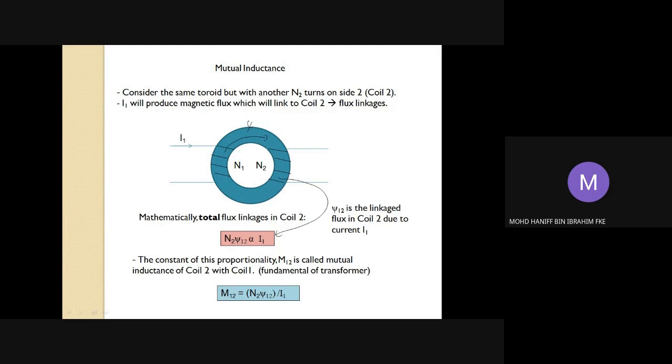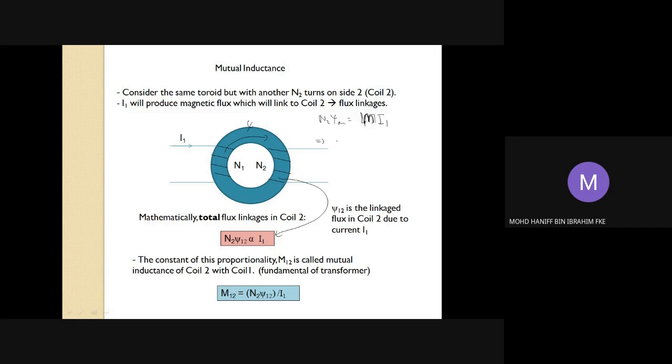The total flux amount in the secondary winding is N2 multiplied by the flux. Basically we have N2 psi M equals M times I1. We use M as the symbol for mutual inductance. Self-inductance is L, but for mutual inductance we use M.